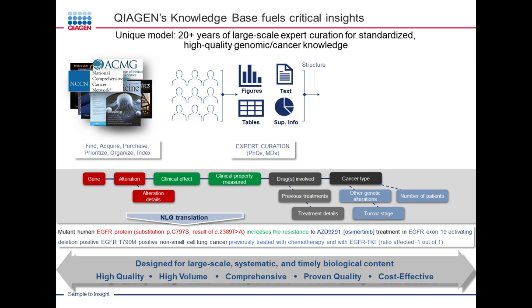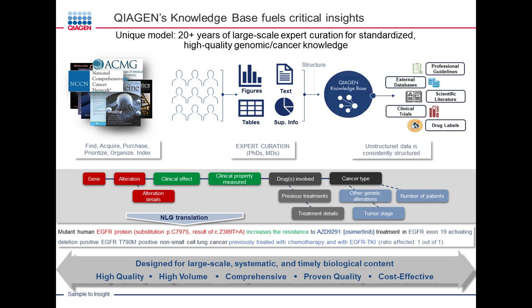So therefore, unstructured data is consistently structured with semantic consistency in the ontology, and this is done across the different sources. So we can then apply rule-based algorithms on the structured data in the knowledge base, automatically trigger pathogenicity criteria such as the PS3 or BS3 rule, or actionability tiers such as Tier 1, Tier 1A, Tier 1B, or Tier 2D.